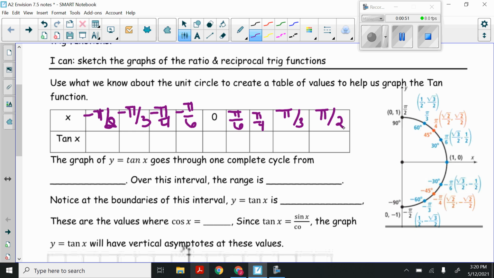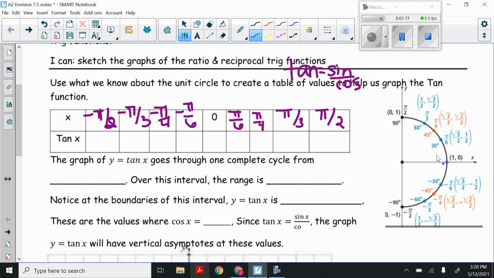Okay. If I start here at 0, and remember that tangent is equal to the sine over the cosine. So when x is 0, the sine is 0, the cosine is 1.